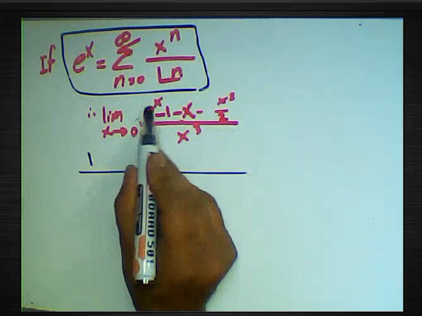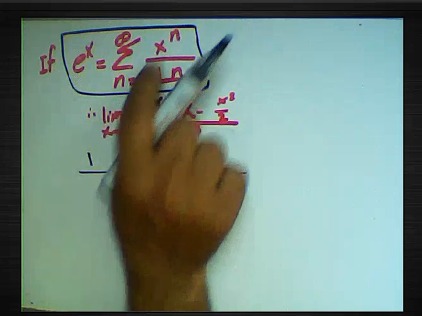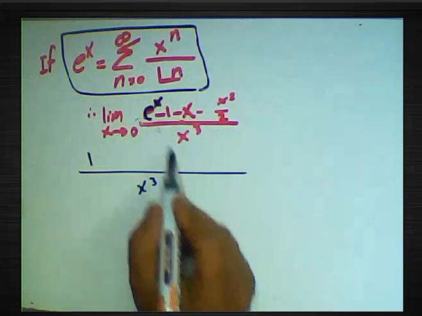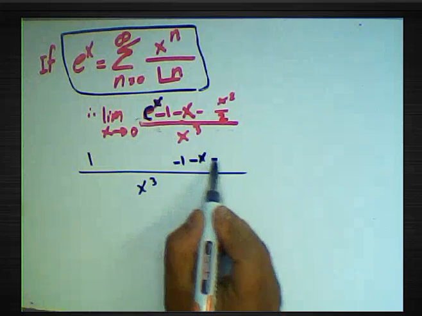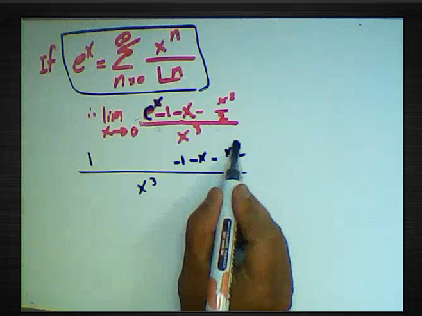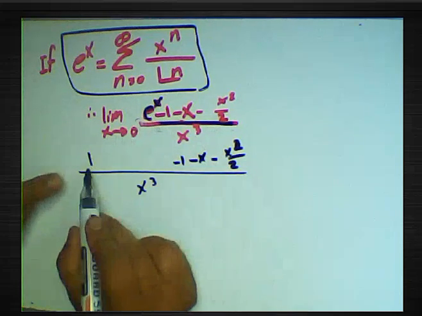Okay, I will expand e to the power x. Understood? Put n equals 0, n equals 1, and so on to find the result, and write negative 1, negative x, negative x squared over 2 behind it. The first term will be 1.